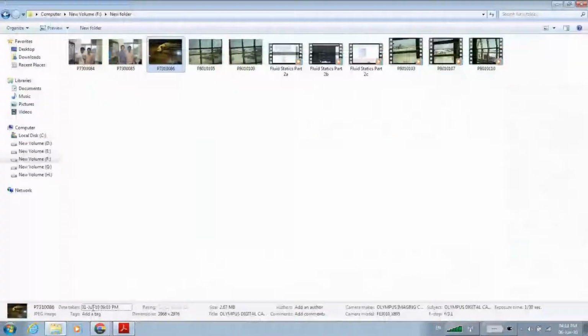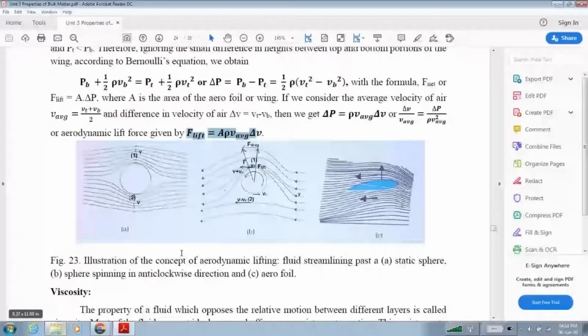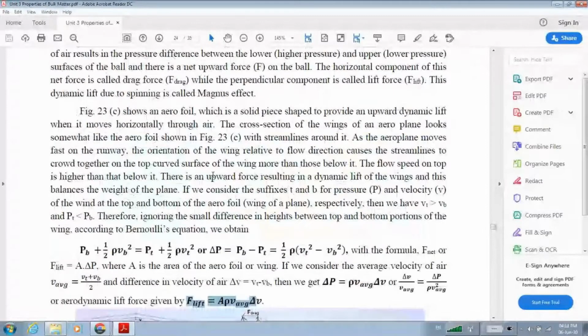And if you see here, one more important point. When the takeoff takes place, there is an upward force. As the aeroplane moves fast on the runway before taking off, the velocity of the streamlines differs.